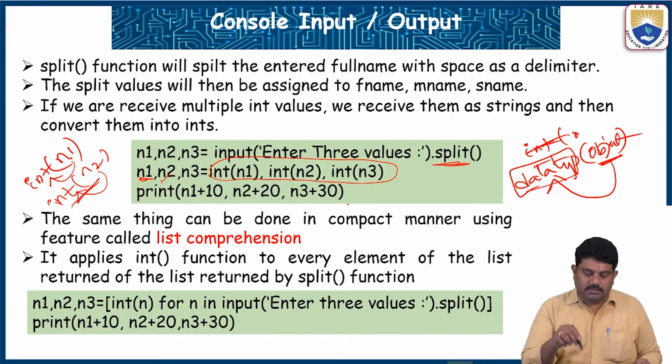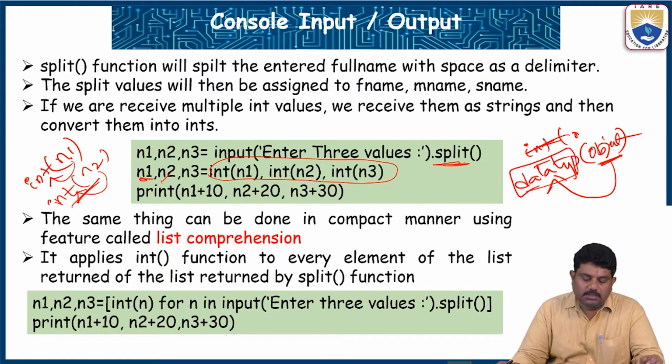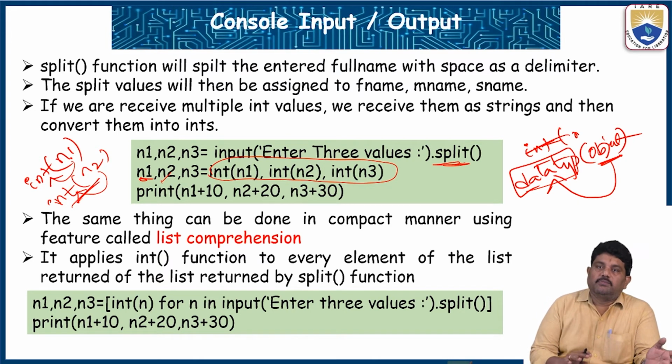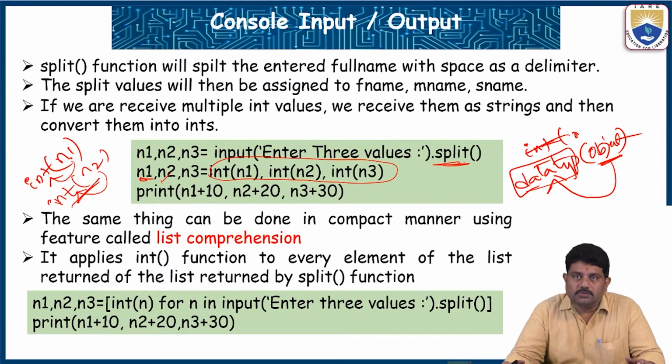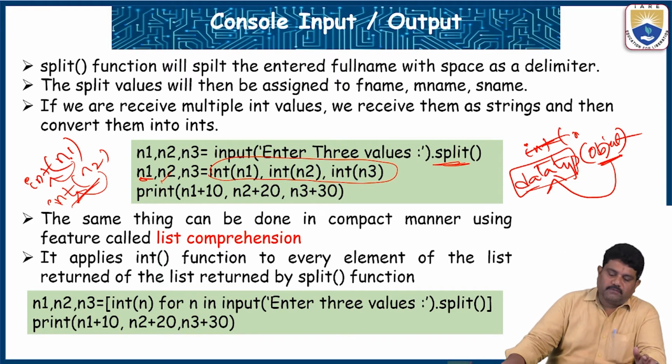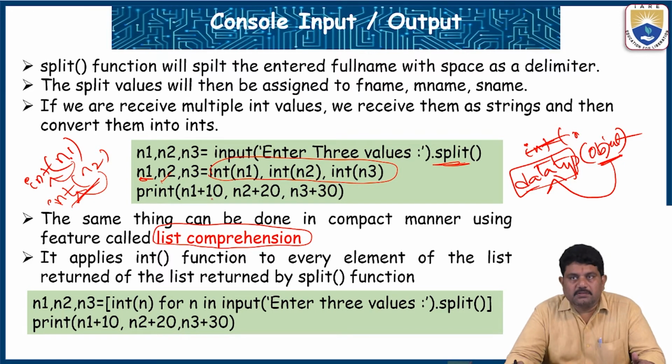And n3 is again a string, converted into integer, and stored into n3. Like that we can use. Now I am printing n1 plus 2, n2 plus 20, n3 plus 30. Because they were converted into integers, I'm able to perform arithmetic operations on those numbers. Okay, this is how we can use the number input function. The same thing we have done here in three statements, we can perform in a single statement also by using list comprehension.